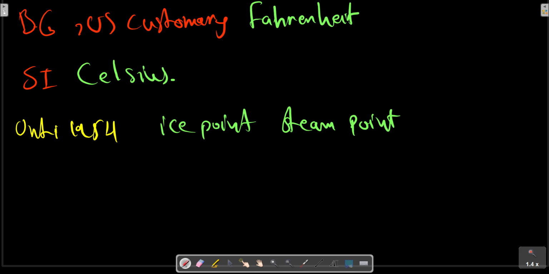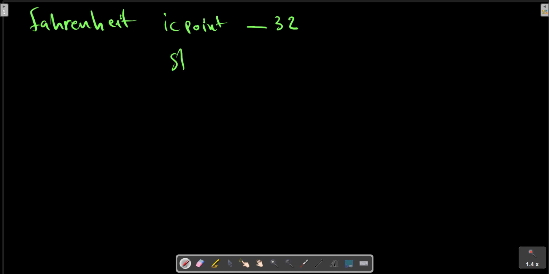On the Fahrenheit scale, these two points are assigned the numbers 32 and 212 respectively.